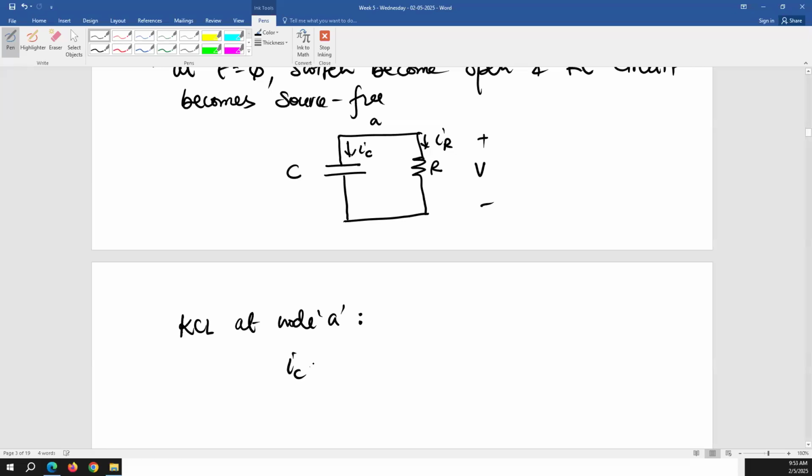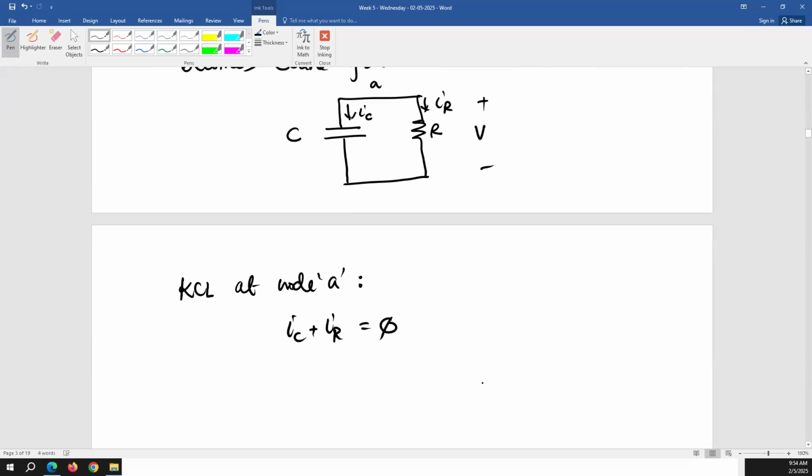IC plus IR equals 0. What is IC in terms of voltage V? C dV over dt. And of course, IR using Ohm's law is V over R, is equal to 0.